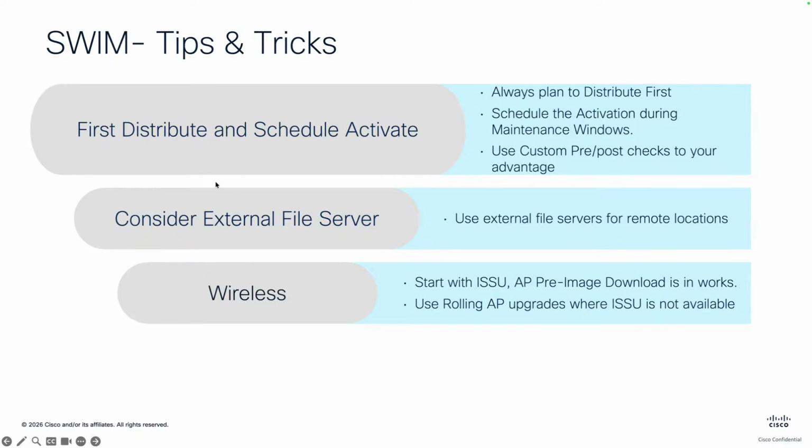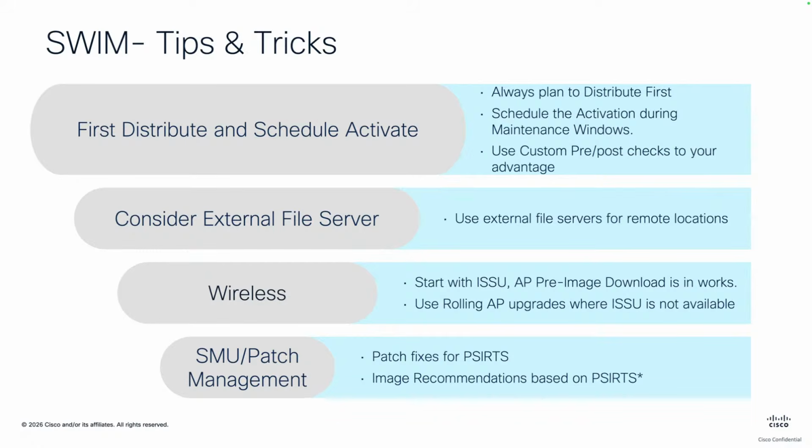Then always consider an external file server to keep the software in a remote location. For wireless, we will start with ISSU. AP pre-image download is in the works, and then use the rolling AP upgrades where ISSU is not available. For SMU patch management, this software image management also helps you do the SMUs to patch fixes for PSIRTs, and image recommendation based on the PSIRTs themselves.